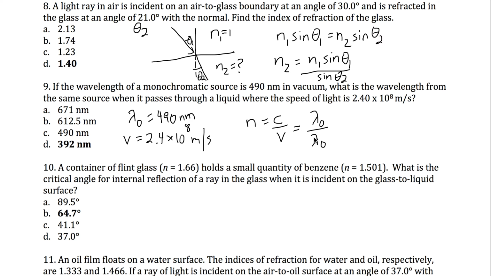So we can just set c over v equal to lambda naught over lambda. Lambda is the wavelength of the light in the liquid that it's going through. That's what we're trying to solve for. So lambda is equal to lambda naught times v over c. Remember again that c is equal to 3 times 10 to the 8 meters per second.